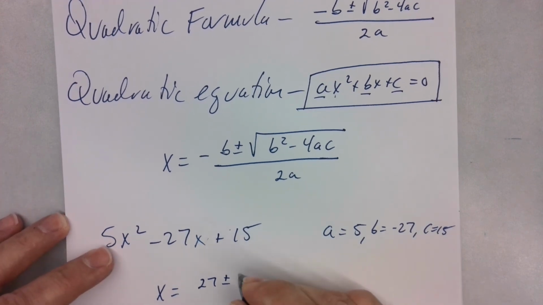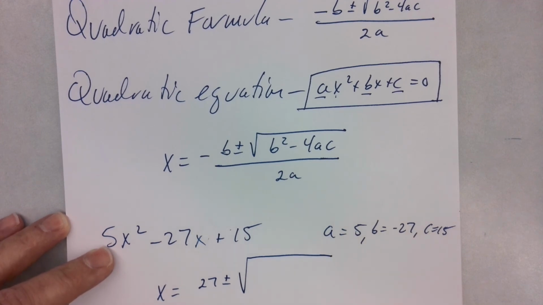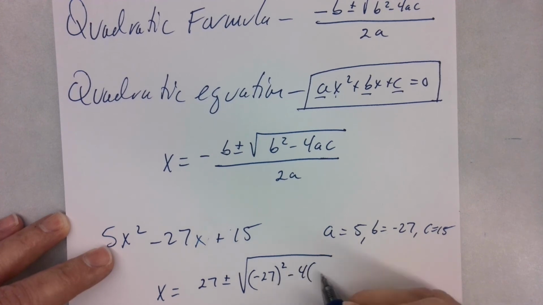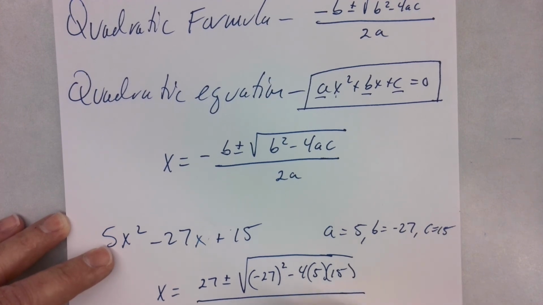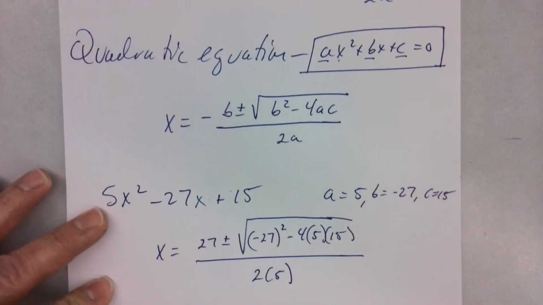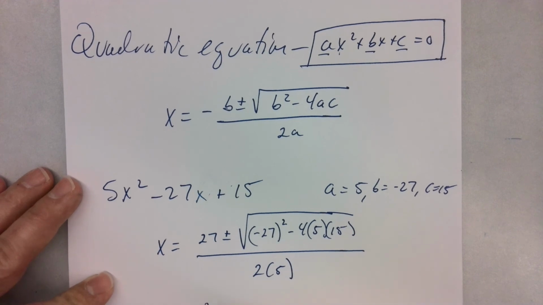Yeah. Plus or minus the square root of negative 27 squared, minus 4 times 5 times 15. And then over 2 times 5. Over 10.